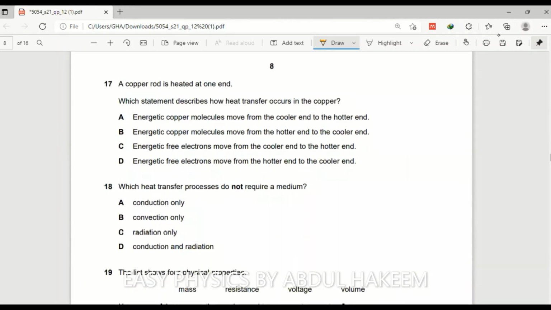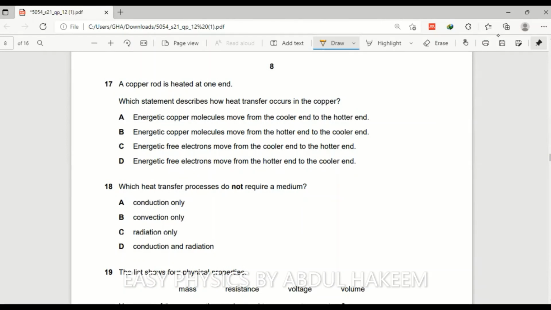Next, a copper rod is heated at one end. Which statement describes how the heat transfer occurs in the copper? Look, copper is a metal. So there are two ways. Number one is the conduction. And number two, the movement of the free electrons.